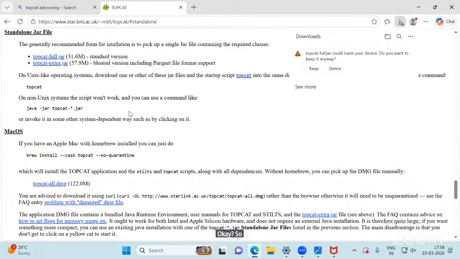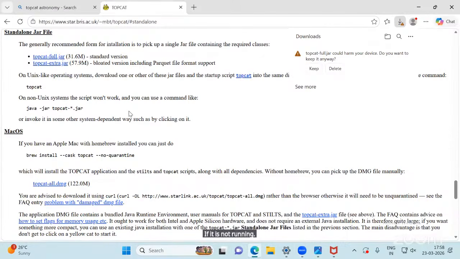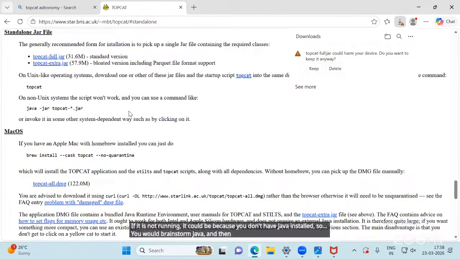If you just look for Aladin, it will give you a lot of results, so when you search, say Aladin astronomy, then it will get you to the right site. One other thing is you can directly work through your browser without installing it. It's a light version. Otherwise, you can download it and run it. If it is not running, it could be because you don't have Java installed. So you install Java and then everything will be fine.